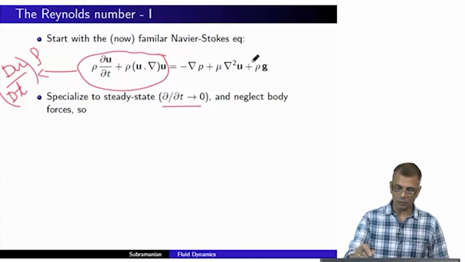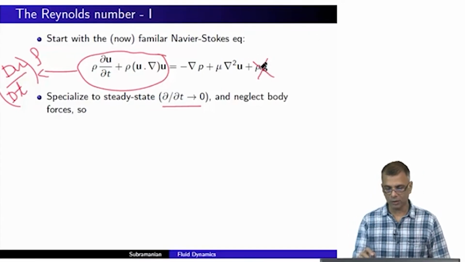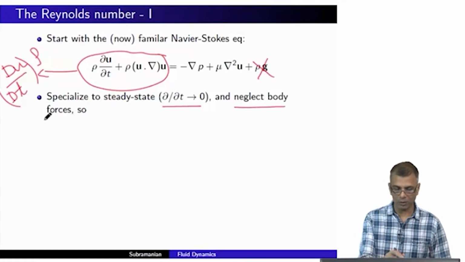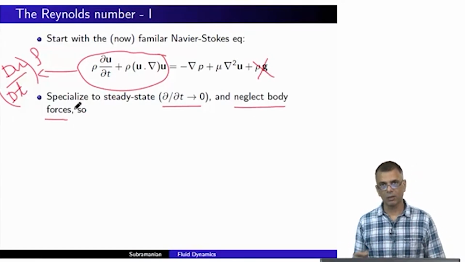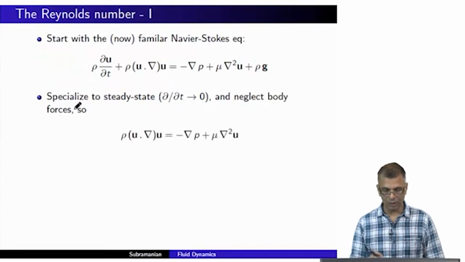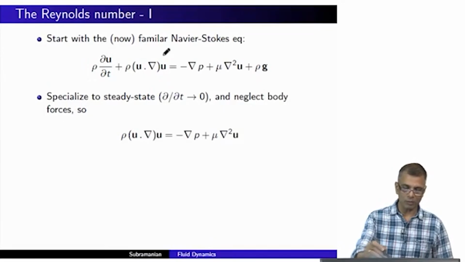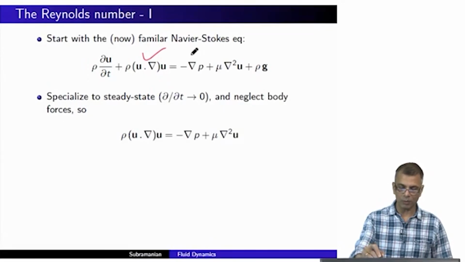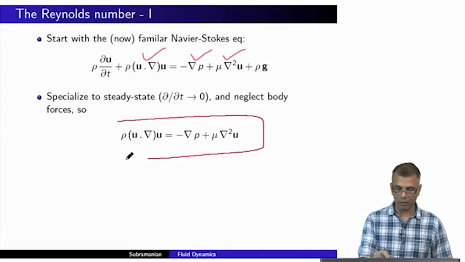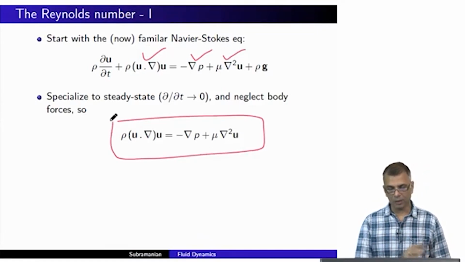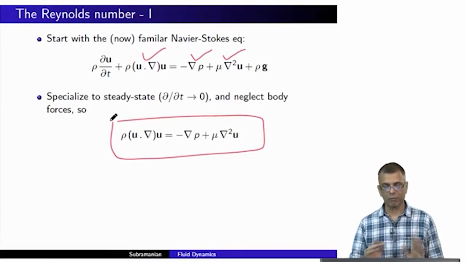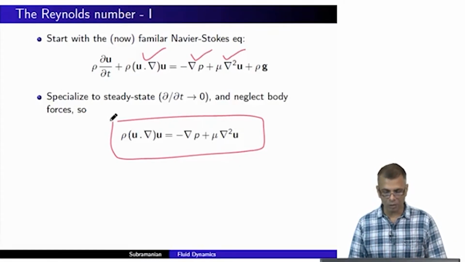And the other thing is we will neglect body forces, just for simplicity. So we are left with this, this, and this. Again, this is really just an F equals ma equation, a slightly specialized version of the Navier-Stokes equation.